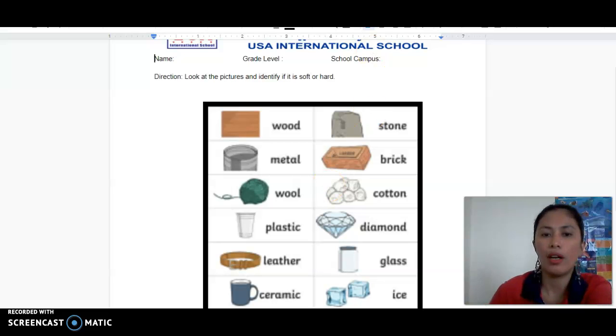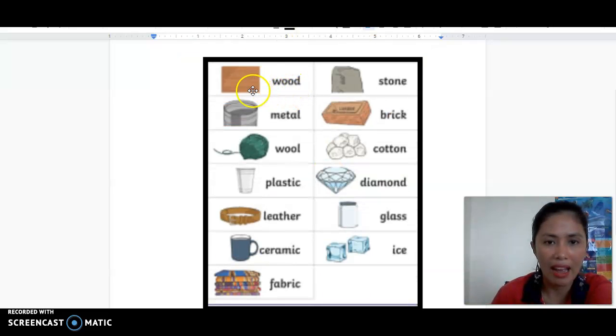The pictures that we have here are wood, metal, wool, plastic, leather, ceramic, fabric, stone, brick, cotton, diamond, glass, and ice. Some of you did not get the correct answer, but it's okay. I still give you the perfect score as long as you do your part. And you can always edit your answers, okay?